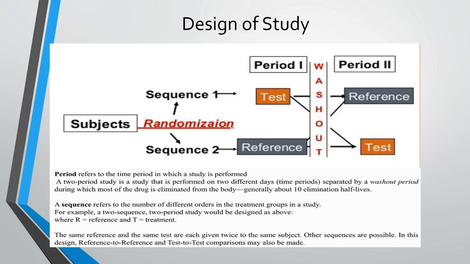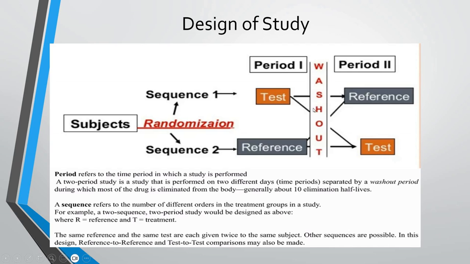And in a similar way, the sequence may be giving test first and then reference, or giving reference first and then test. Half of the subjects get the same thing in reverse, reference and then test. There is a period one, when you get test and reference administered in two different arms, and then in period two, it's swapped.